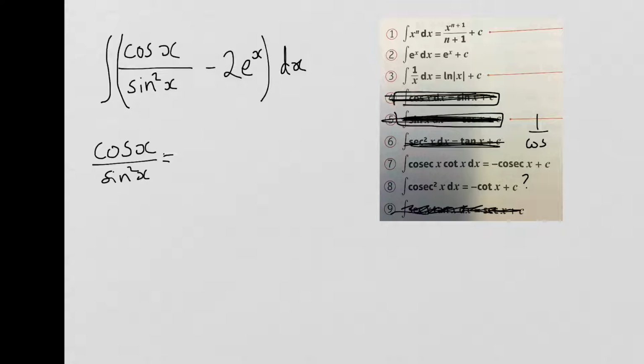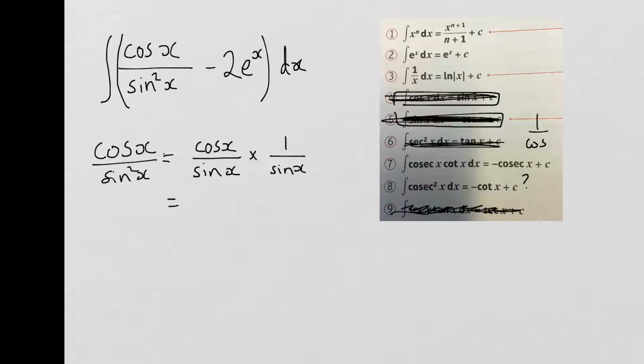So this time I'm going to split it up as follows. I'm going to take that denominator and split it into two parts: cosine of x over sine of x, times another fraction, 1 over sine of x. Cosine x is all I've got in my numerator, so I've just got that 1 there. This is another way we could play around with it.